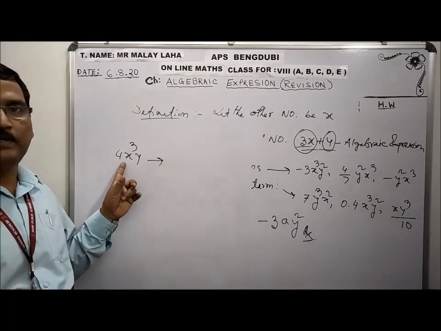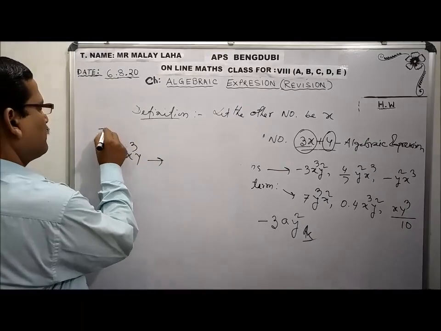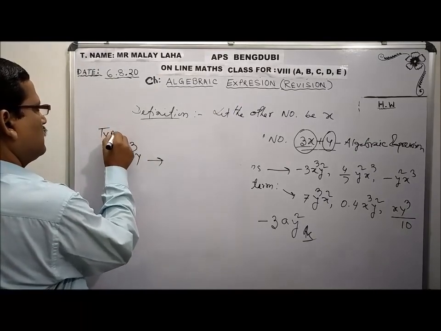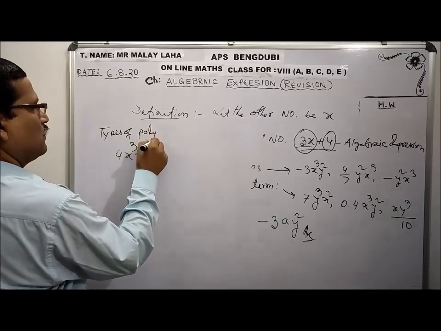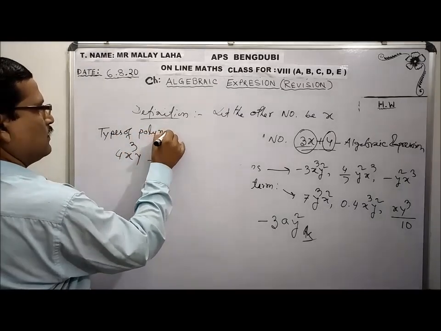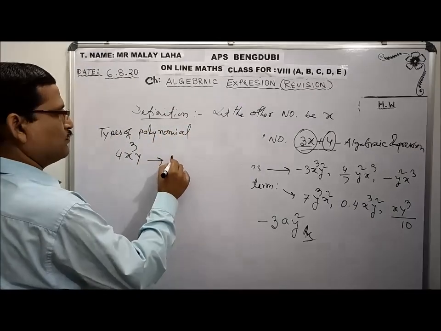How many terms are here? All together consisting of one term. So, types of polynomial. When a polynomial consists of one term, it is a monomial.